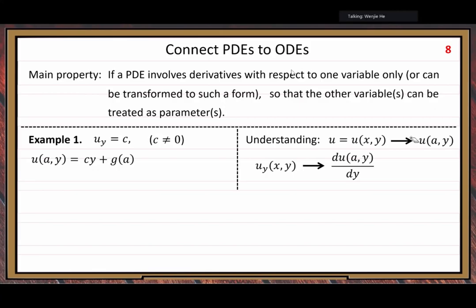plus a constant, but here we should be careful, because we do things a little differently from our typical ODE case. In the ODE case, we put a capital C constant. When we do the antiderivative, after the main term, we need to add a constant. But here, when you add a constant term, you should be careful.